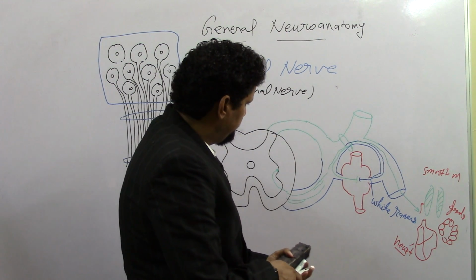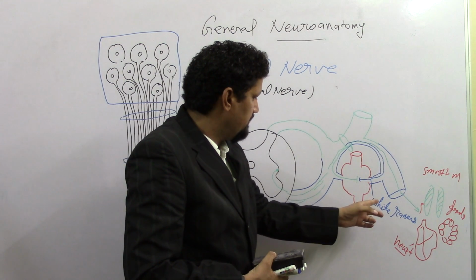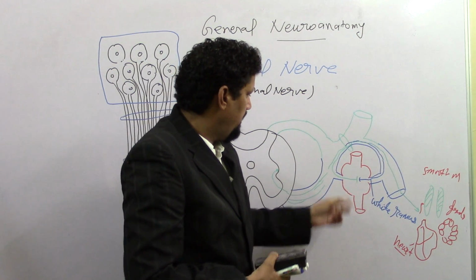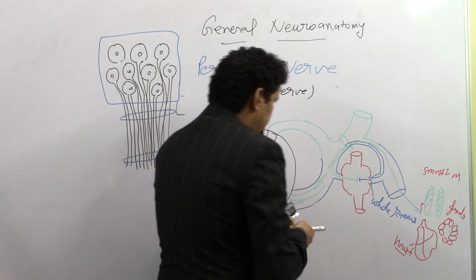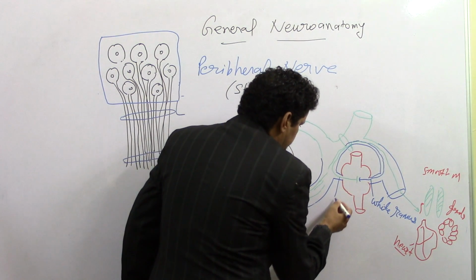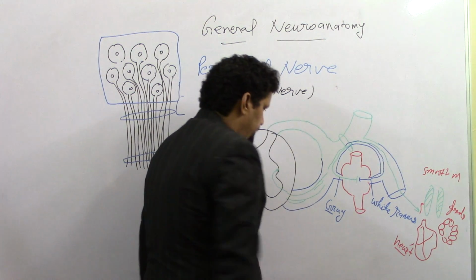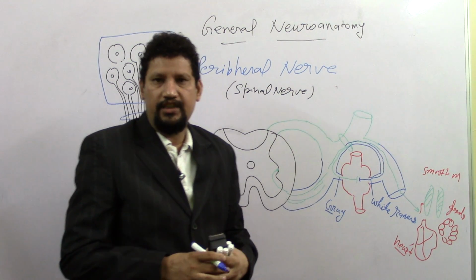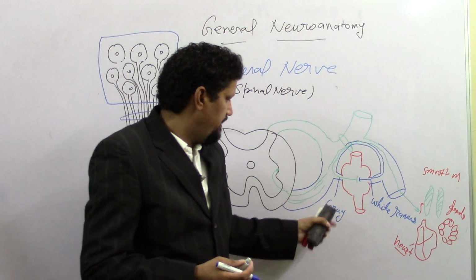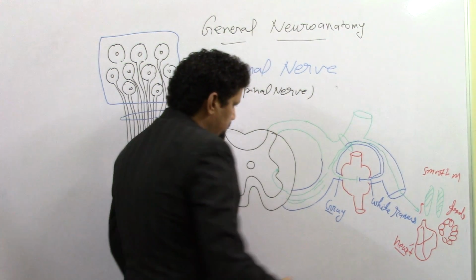So these fibers which are preganglionic are known as white ramus communicans, and fibers which are postganglionic are known as grey ramus. These are unmyelinated fibers, so these are grey ramus communicans.